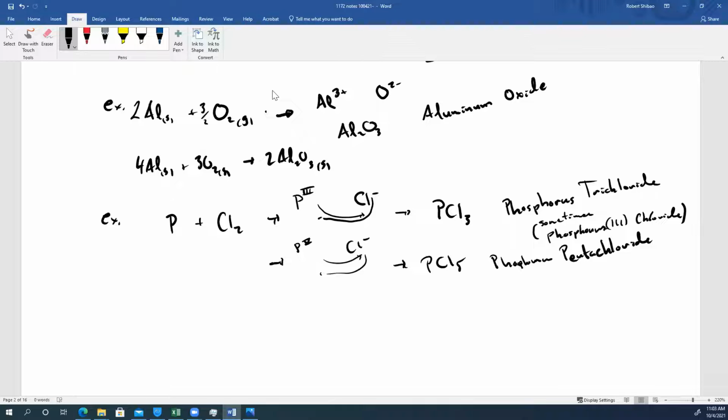Another binary molecular compound, and sometimes it's called phosphorus(V) chloride.